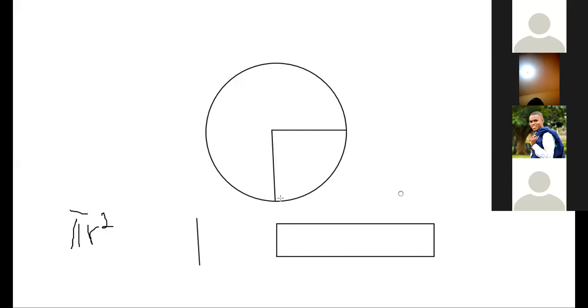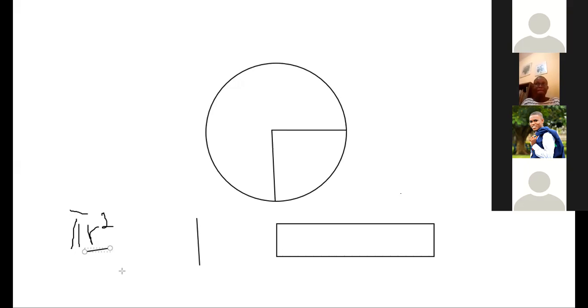Walk to this side. Therefore, to get the area of the circle, you have to multiply two radiuses together. Exactly. As in this one, you'll be finding two sides together. In this circle, we'll be multiplying two radius together, which will give us the r squared.